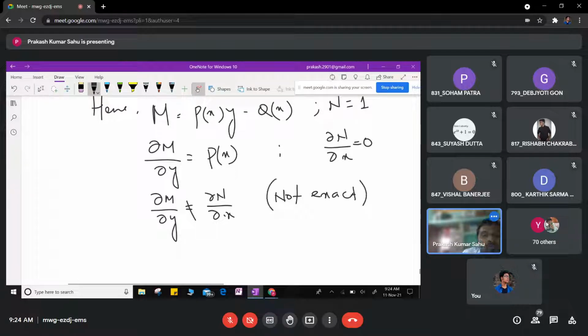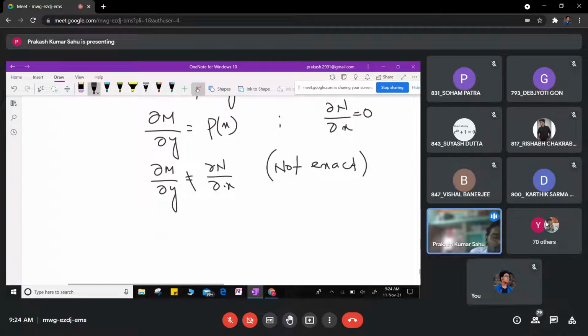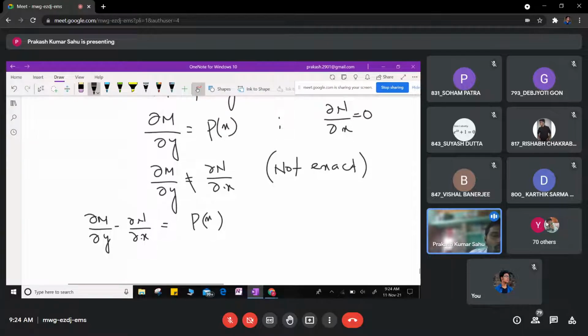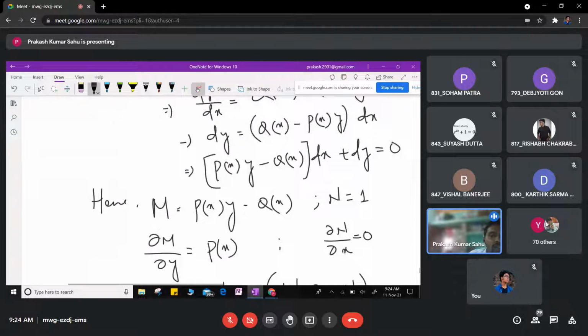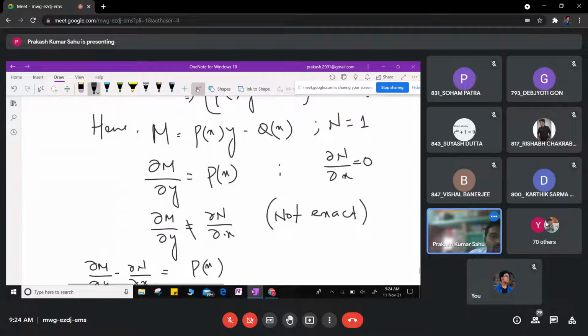Yes, sir. So we are finding the integrating factor. How will you find the integrating factor? You have to subtract del M by del y minus del N by del x, which is equal to px, because px minus 0 is only px. So what do we have to divide by, M or N?